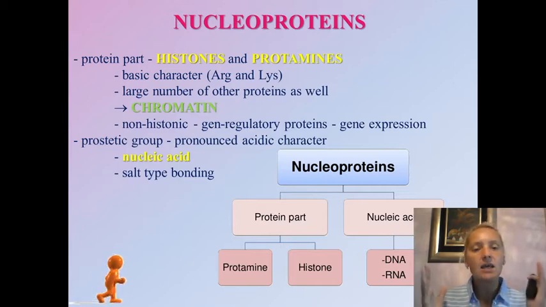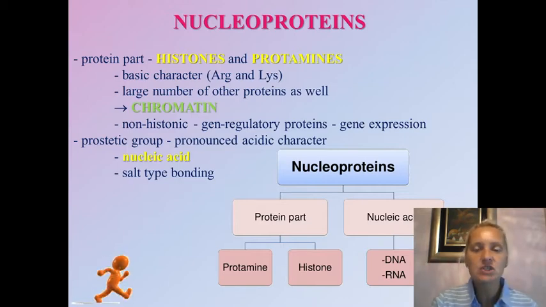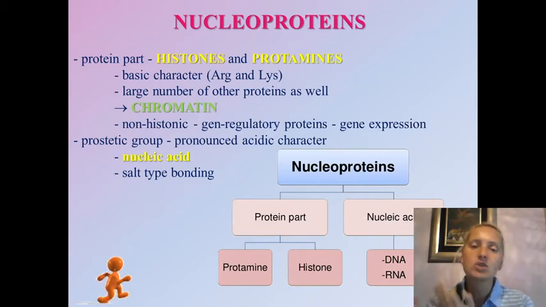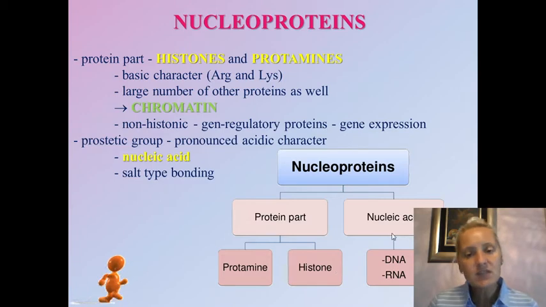So if we have a protein which exhibits alkaline properties, and a nucleic acid which exhibits acidic properties, one of the possible conclusions is that those two components are gonna stick together by the formation of salt type bonding. If you take a look at the figure here on the slide, you see the review of these facts.